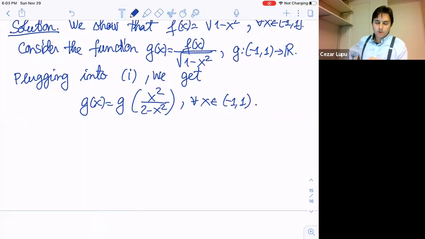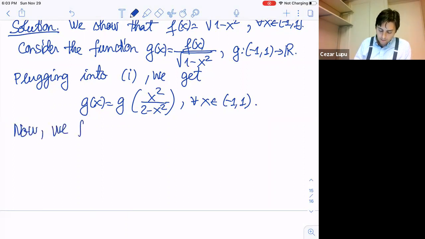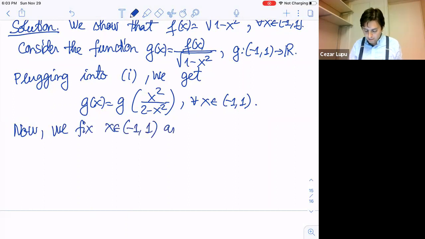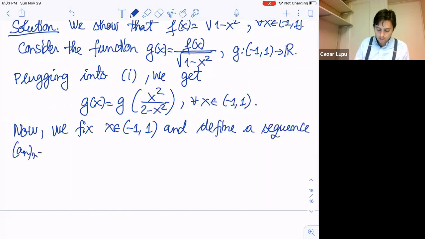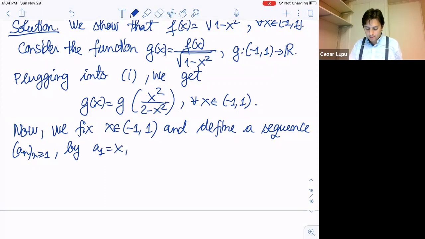That's great now. So what we're going to do is fix an x in -1, 1, and we define a sequence a_n, n greater or equal than 1, by a_1 equals x and a_{n+1} equals a_n squared over 2 minus a_n squared.